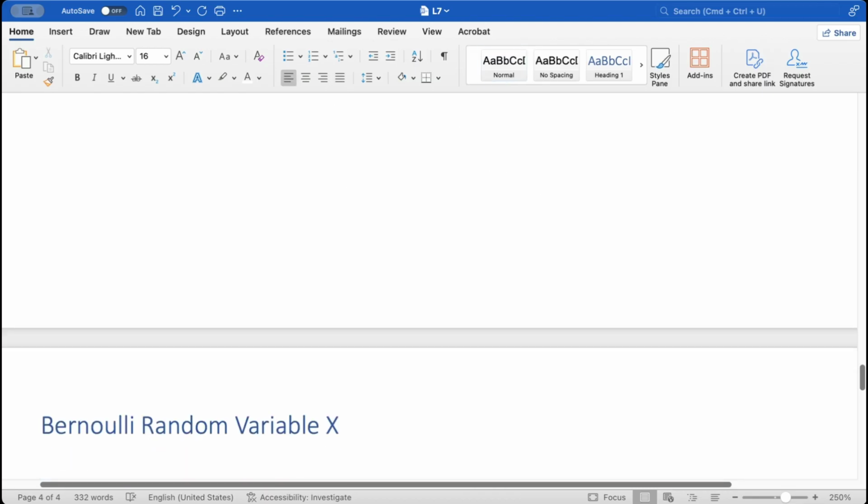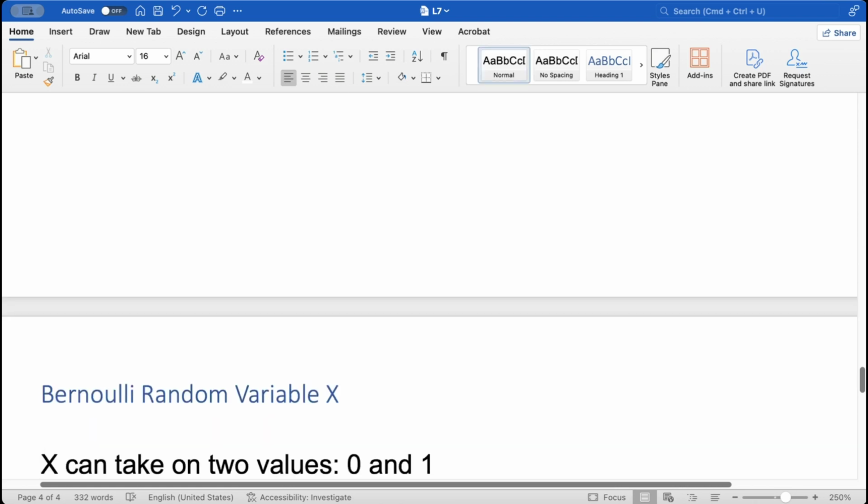All right, lastly here, we're going to briefly introduce a Bernoulli random variable x. We haven't officially defined random variable yet. We will get to that soon here. We did mention binomial, so we're going to kind of fit that in here. So in this kind of setup here, the definition of fitting a Bernoulli random variable is that x can only take on two values. 0 and 1 are the only possible values here.